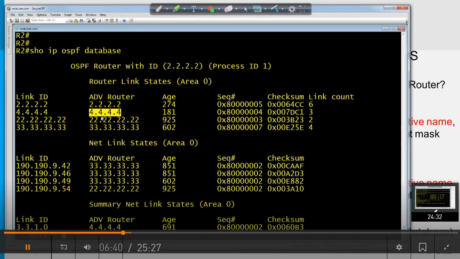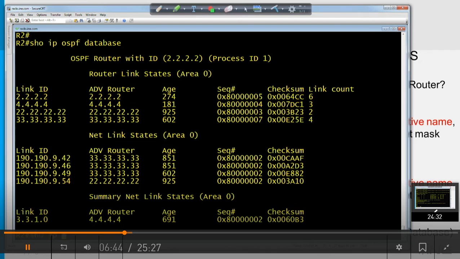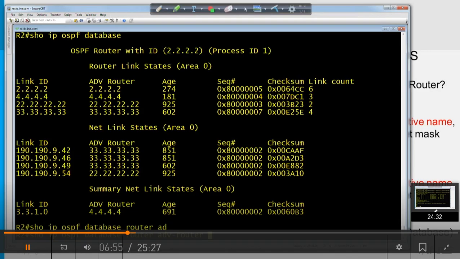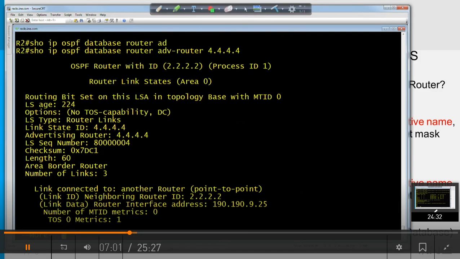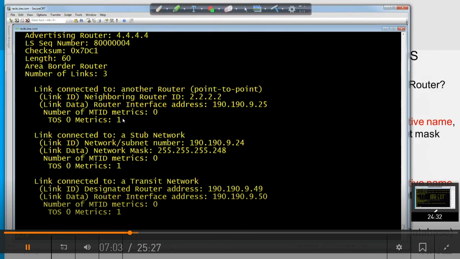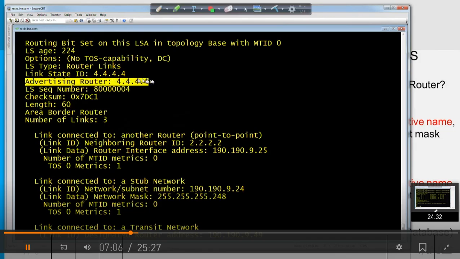Okay, so let's start by looking at the router LSA from router 4. Show IP OSPF database router, advertising router 4444. Okay, and here he says, my name is 4444.